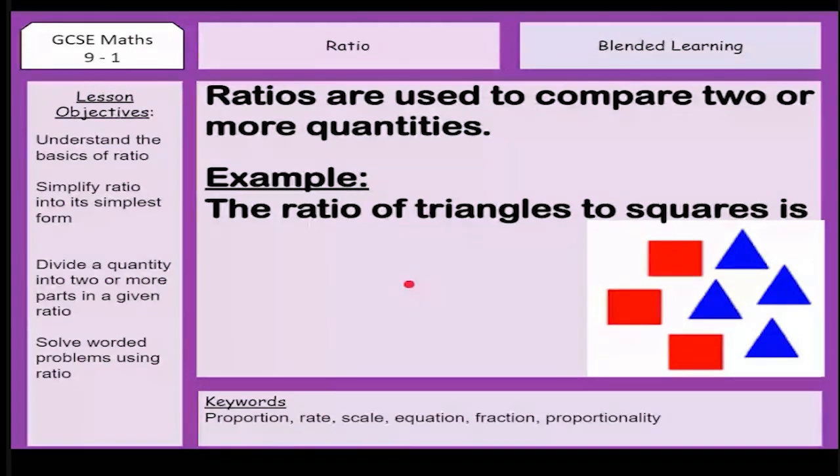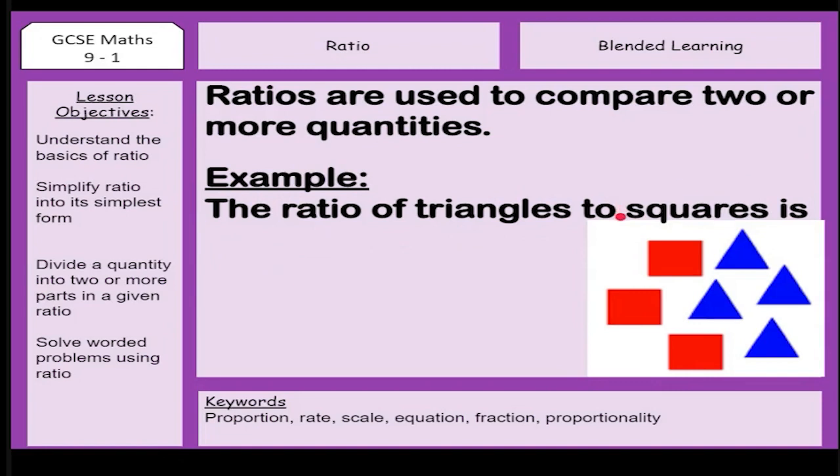However, this is incorrect. When we're working out ratios, it all depends on how it's written in the question or the statement. Now, in this statement, it says the ratio of triangles to squares. So triangles comes first, squares comes second.